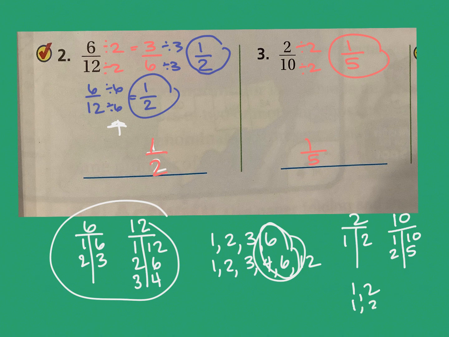So 1, 2, 5, and 10. And the common factor is 2. And so if you didn't notice that right away, this strategy will help you find it. And then you divide by 2 to both, now that you know that 2 is their common factor, and you would get 1/5. Okay, we'll practice 2 more, and then I think you've probably got it.